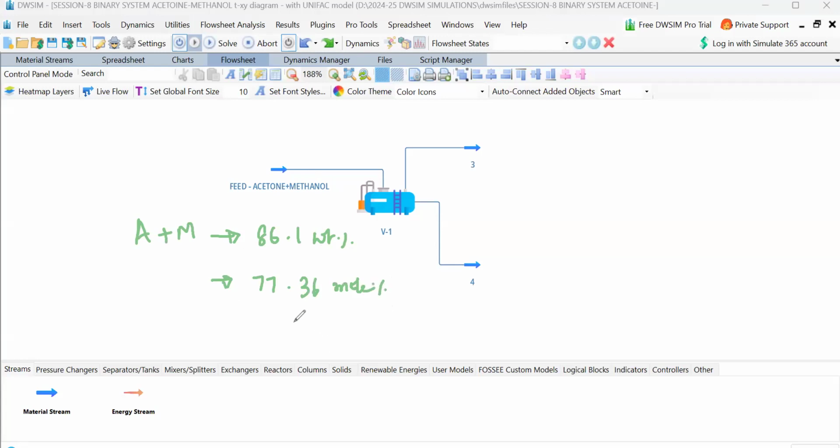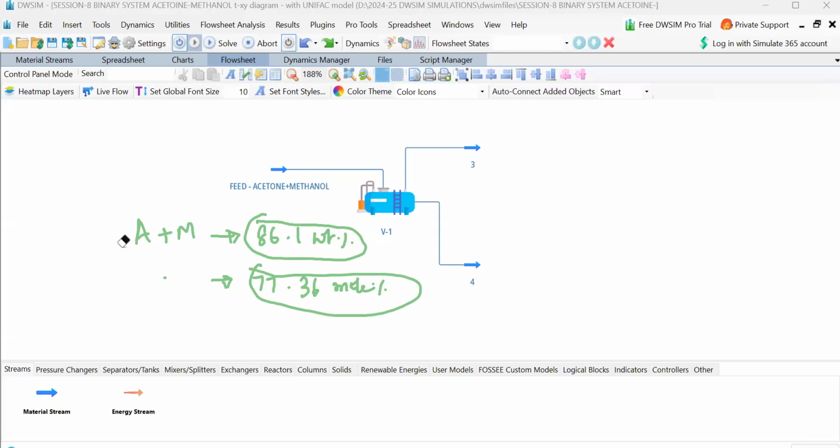I have also calculated this from the DWSIM input of this particular stream. So what azeotropic composition are we having? We are having an azeotropic composition of 77.36 mole percent or 86.1 weight percent. This is very important to start with.